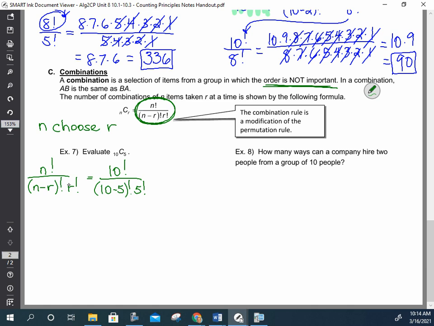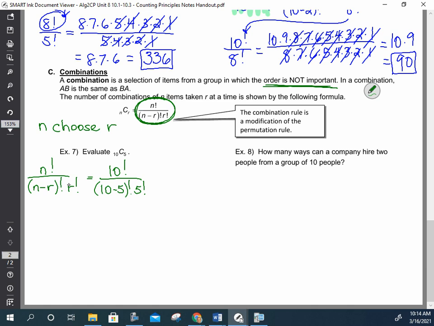Okay, set it up. And now that it's set up, let's actually do some work.